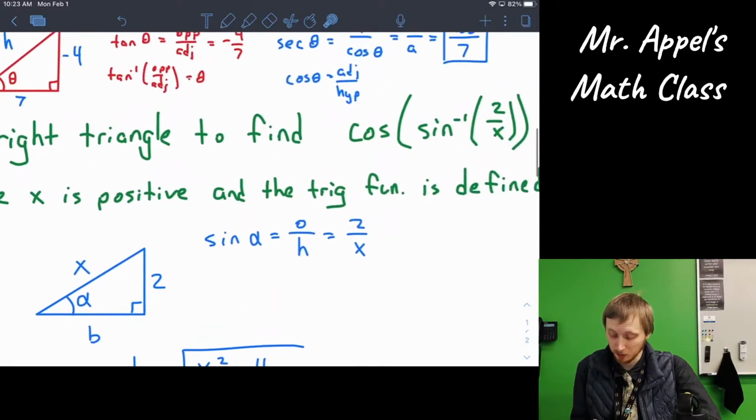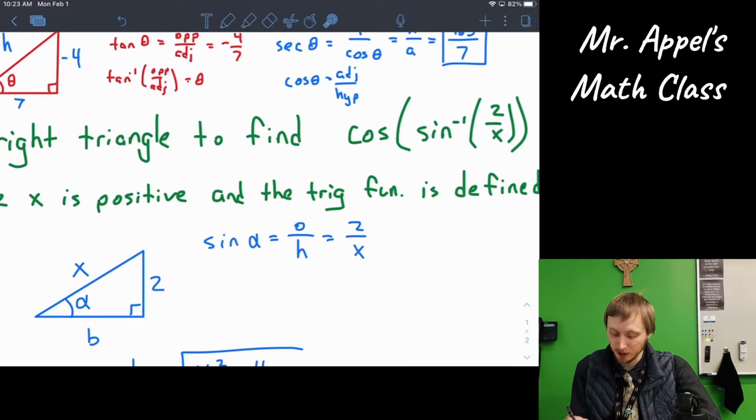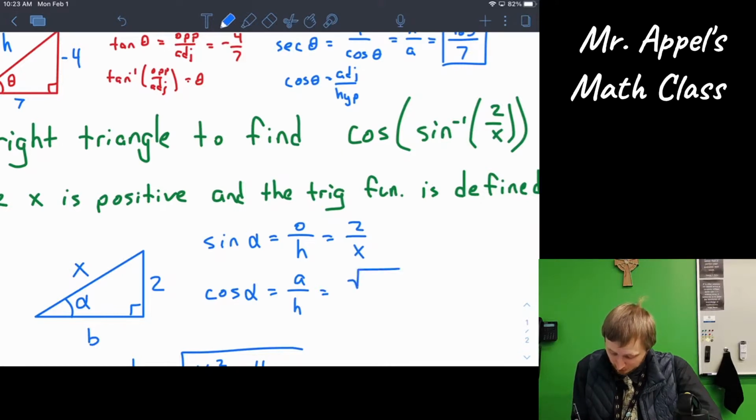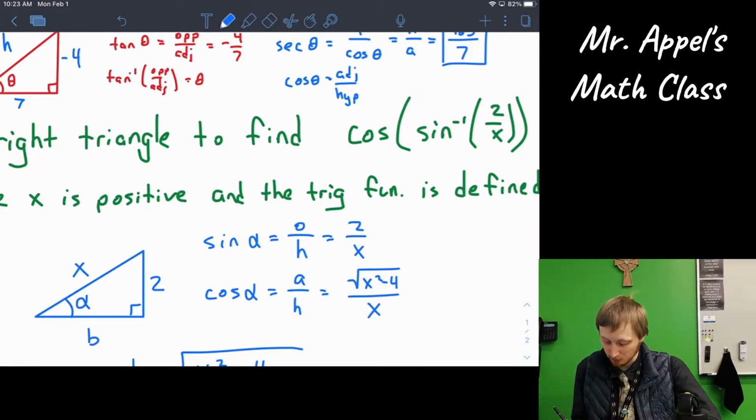Okay, and then which one do I actually want to find? I want to find cosine. Okay, so the cosine of alpha, so adjacent over hypotenuse. So it's going to be the adjacent side, that b that we found, so square root of x squared minus 4, over the hypotenuse x.